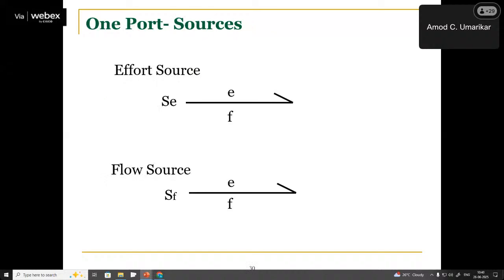So we'll start with one port. Now one ports are effort source and flow source. In effort source, you can see E and F. So what will be fixed, or clearly defined, here in effort source?